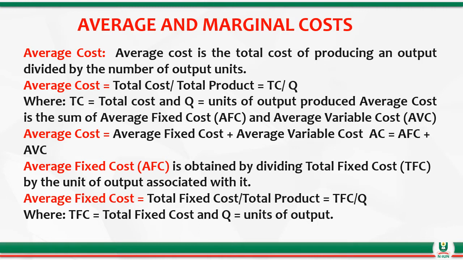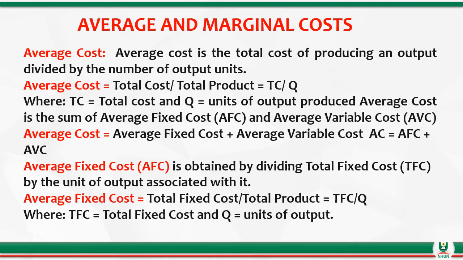Then average cost is the sum of average fixed cost and average variable cost. That is, you sum them together. We have seen that already in total cost. The average cost is equal to average fixed cost plus average variable cost, that is AC equals AFC plus AVC.